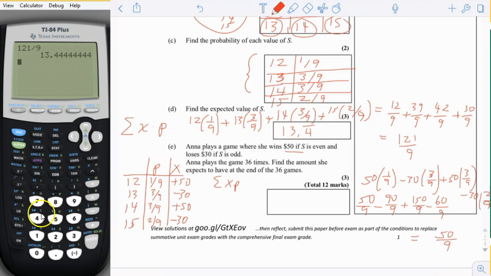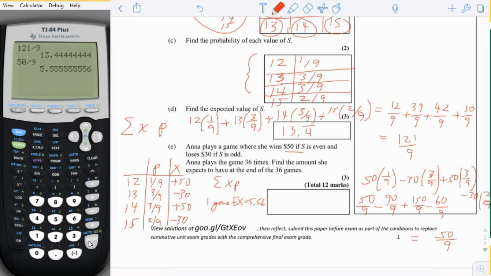So that's going to be 50 divided by 9. It's about $5.55. Okay, so that means for one game, the expected value is going to be 5.56.